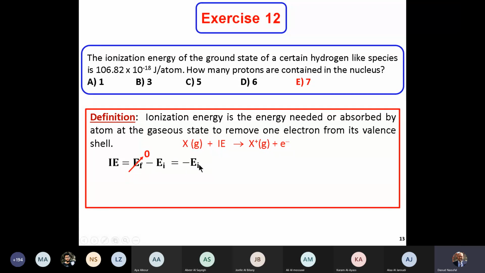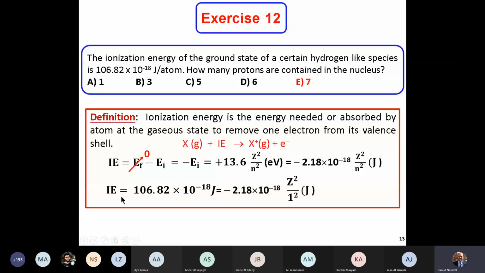What is the formula of EI? EI equal minus 13.6 Z square divided by n square in electron volt. So we put the plus because we have minus before EI; this is a plus 2.18 times 10 to the minus 18 Z square divided by n square. Then we apply IE is given.